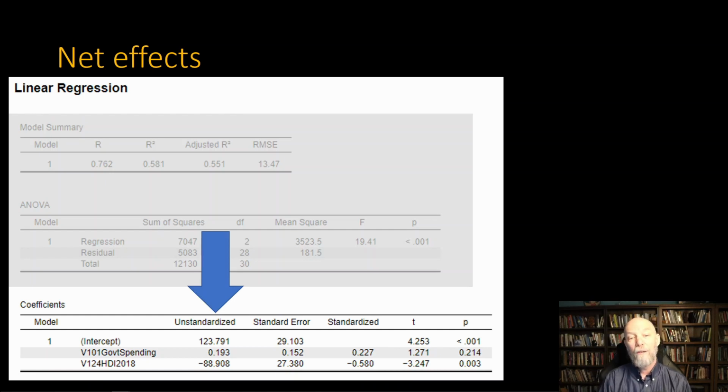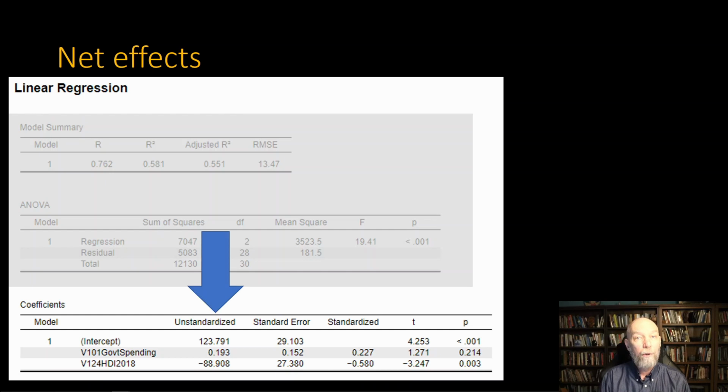So as you have a 1 unit increase in government spending, whatever that variable is counted in, as you have one more unit of that, you will have a 0.193 increase. It's a positive number, so it's an increase. You'll have a 0.193 increase in the percent of the population that says prostitution is never justifiable.